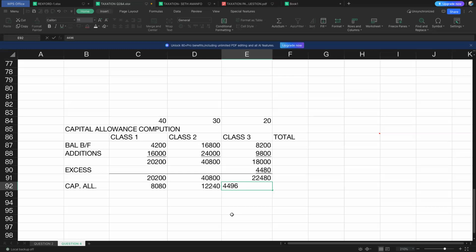So our capital allowance is this plus this plus this. So this is our capital allowance, 24,316.